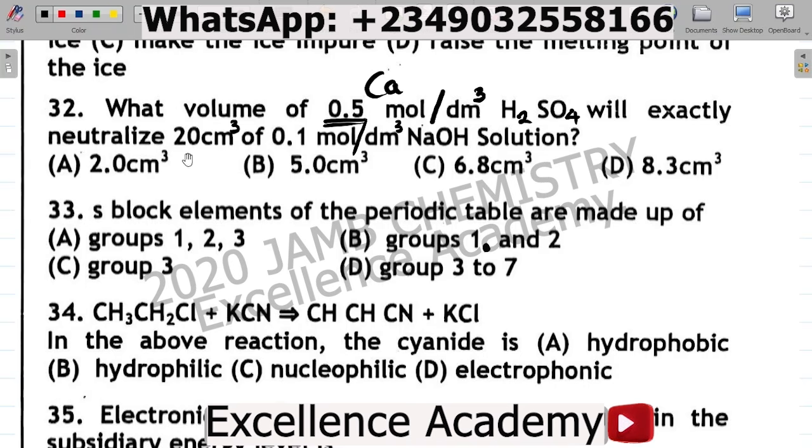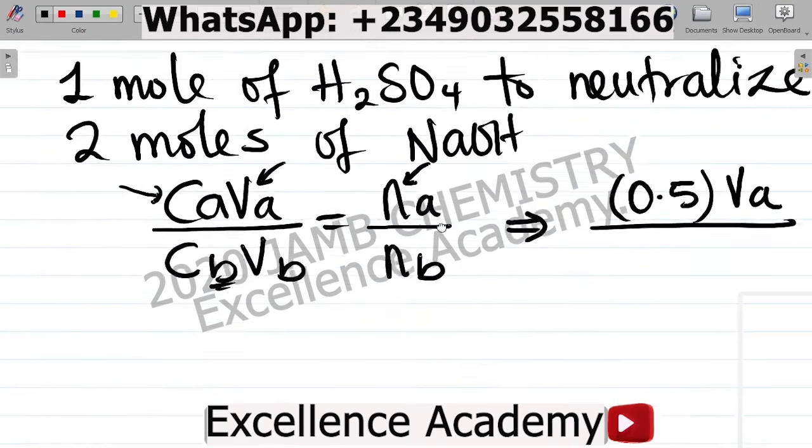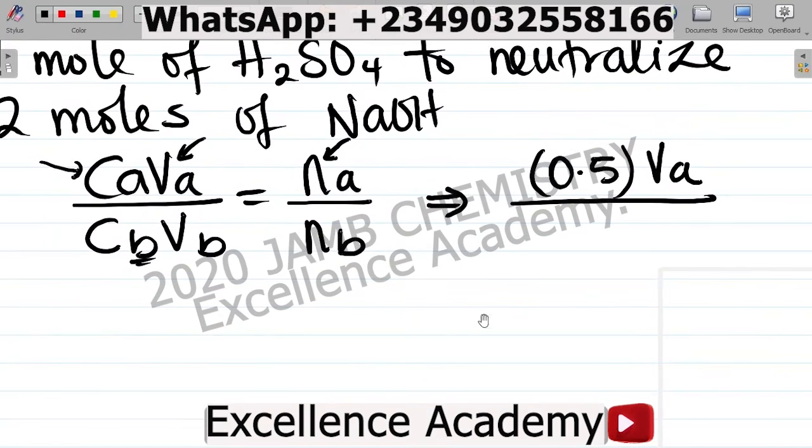So the volume of the base is 20, 0.1 mole per dm cube. This mole per dm cube tells you about concentration. So the concentration of the base is 0.1. Meanwhile, the base volume is 20. So let's input those values. Concentration of base is 0.1. The volume of the base is 20.